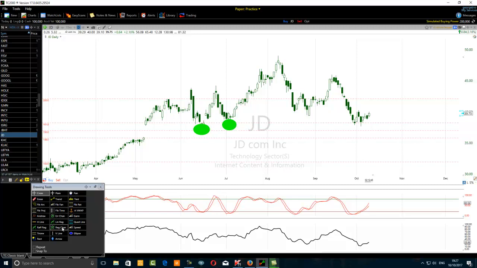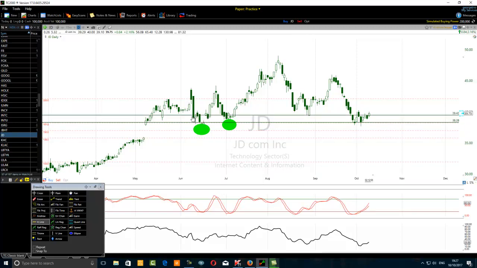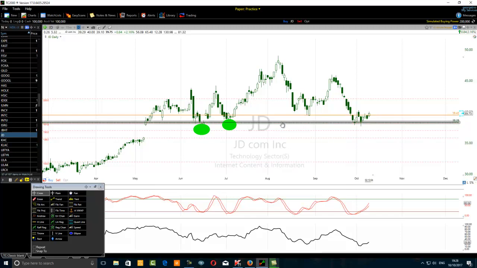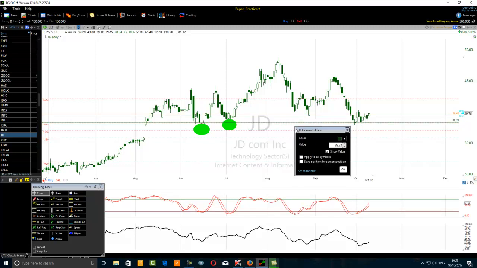So if I highlight that zone, look carefully. I'm drawing two lines. I'll color one in orange and one in pink, so you can see clearly on your chart. In that zone, in the past, there was a double bottom chart pattern.